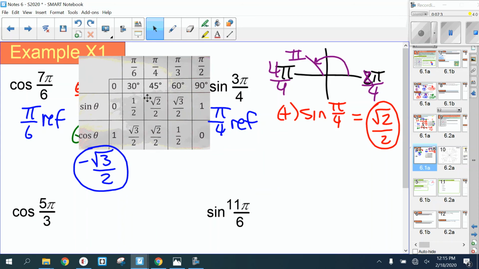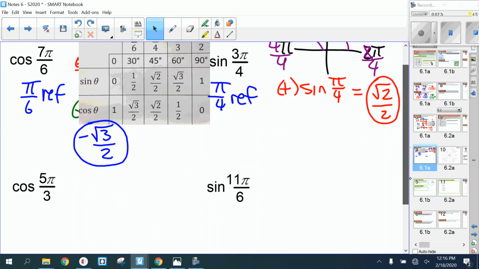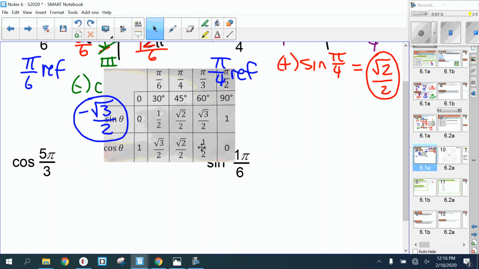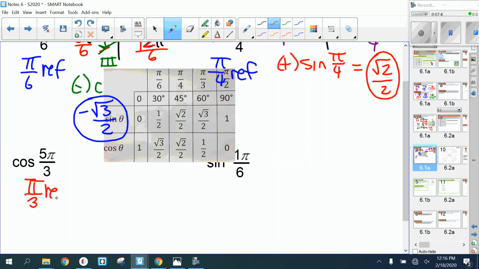So if we look at the next one, cosine 5 pi over 3. That has a reference angle of pi over 3. And then we look at where we're at. We always do this. Get a common denominator.